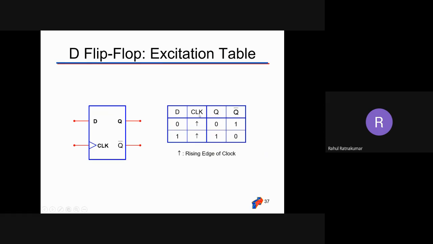A flip flop is always either edge triggered or level triggered. Here we can see it's triggering from low to high, that is negative to positive edge. So on the positive going edge of the clock, my flip flop is triggered. So D is 0, so Q is also 0, only at the positive edge of the clock. D is 1, Q is also 1, only on the rising edge of the clock. You can see the clock symbol here, an arrow.